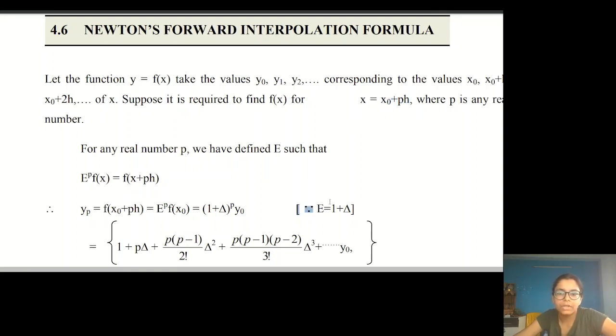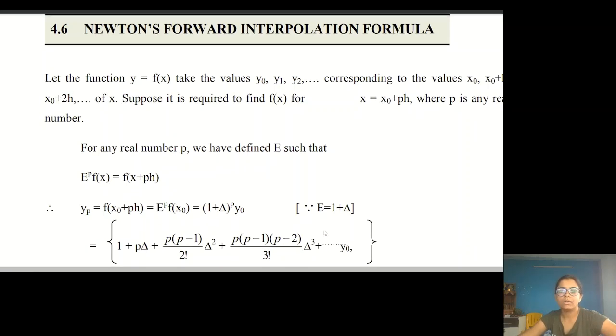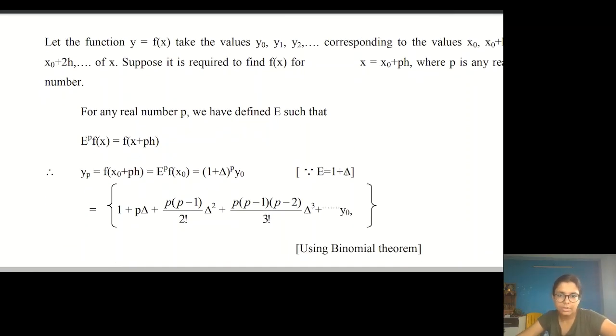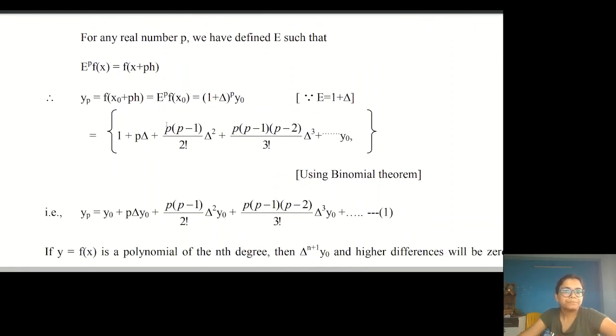From the relationship, as you can see, E is equal to 1 plus delta. We have already seen all the operator relationships. E is equal to 1 plus delta was a relationship that we discussed in the previous video. So here we use this relation to get the equation (1 plus delta) to the power p y0.